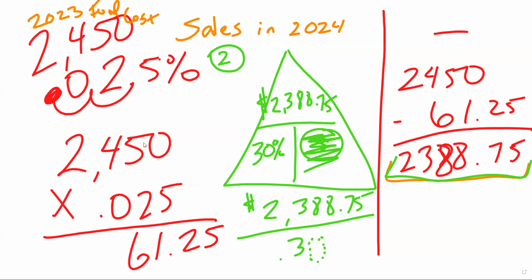So if we divide by 0.3, what number do you get? 796.25.